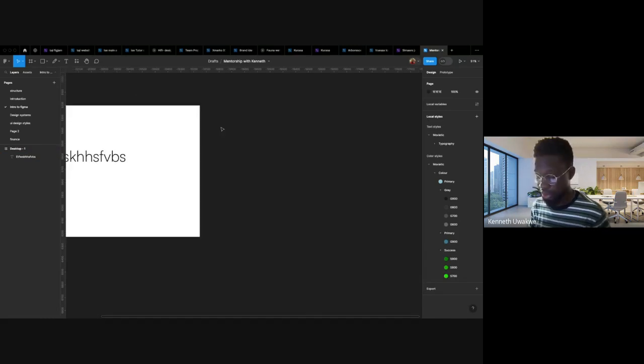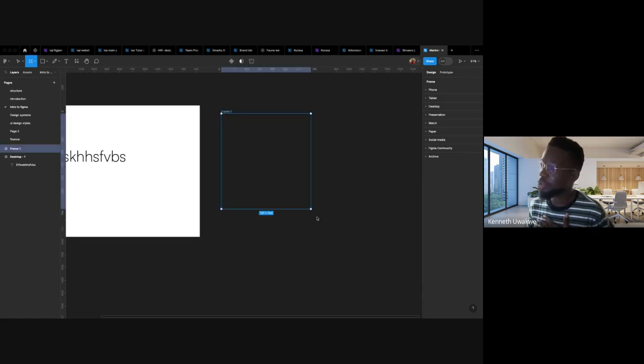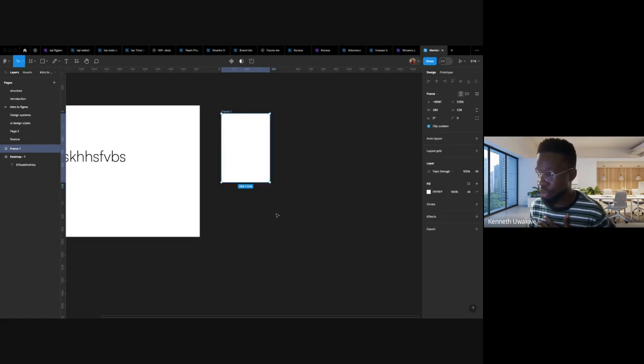Definitely, you can create designs for any screen size. You can modify your screen size to whatever you want. But if you are designing for specific devices, you want to make sure you are keeping in line with those particular screen sizes. So if I want to modify my screen size, say I have a normal screen size I want to use, I can just go to my artboard, draw out a shape, then modify the size here.